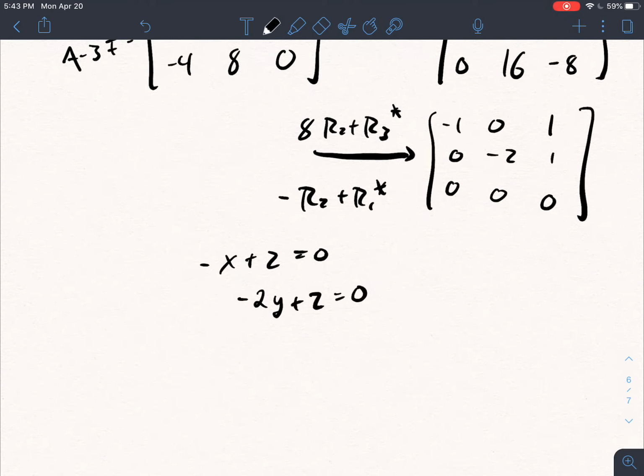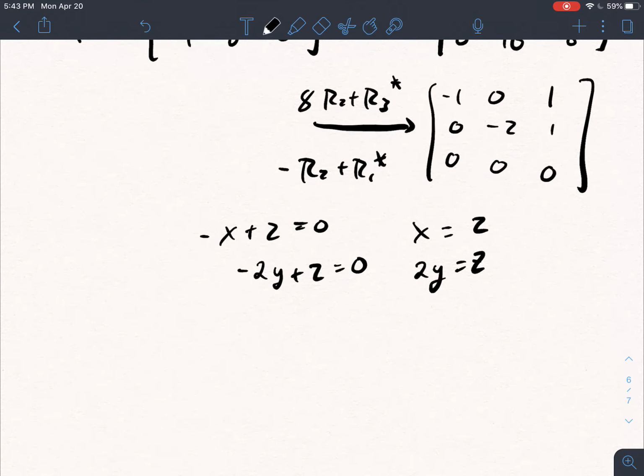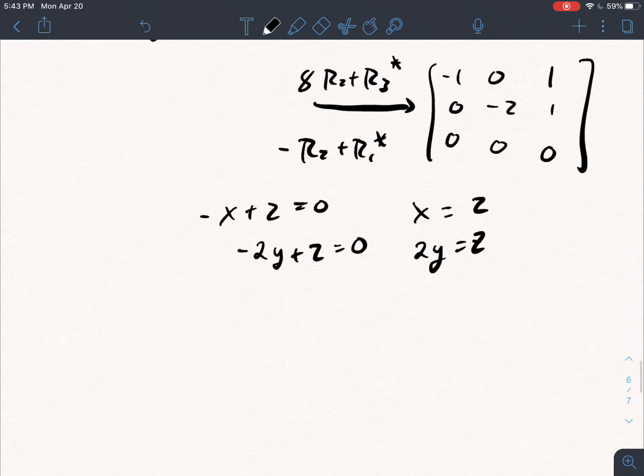So I get -x plus z is equal to 0, and -2y plus z is equal to 0. So x equals z, and then 2y is equal to z. And then z is free. So let's pick y is equal to 1.